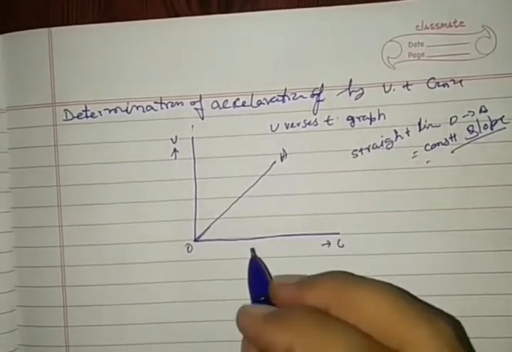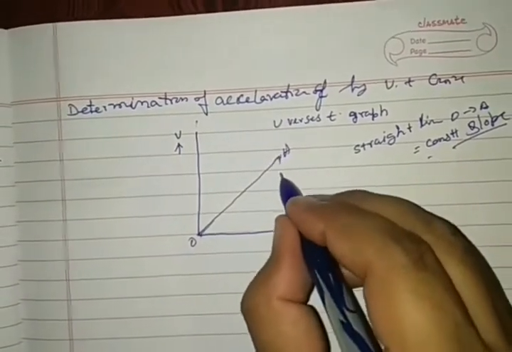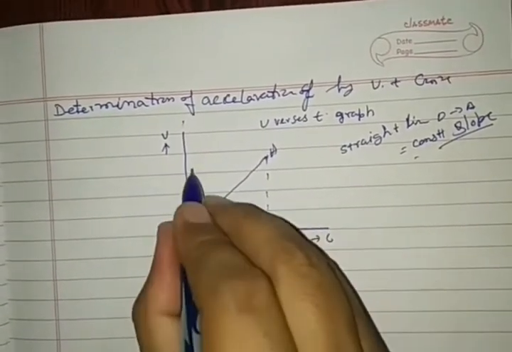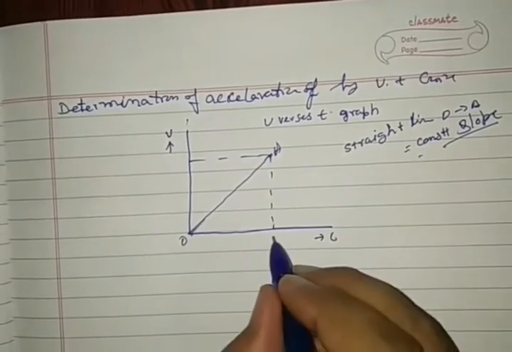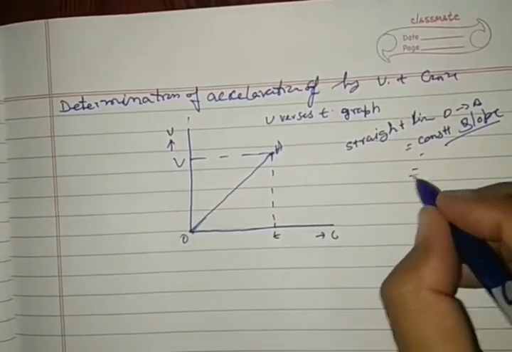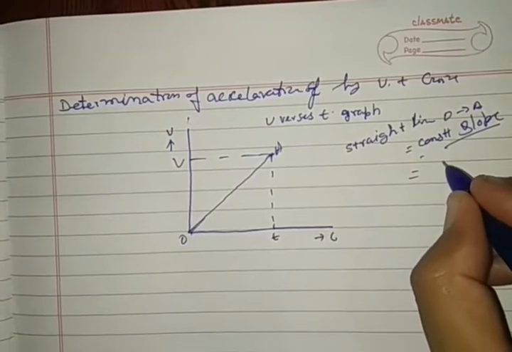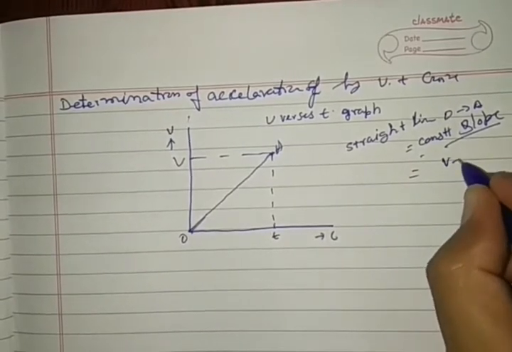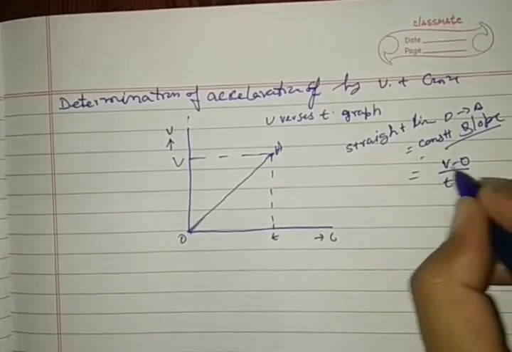Here, in constant slope, see very carefully: suppose this is time t and here is velocity v, so the slope is v minus 0, change in velocity by change in time.